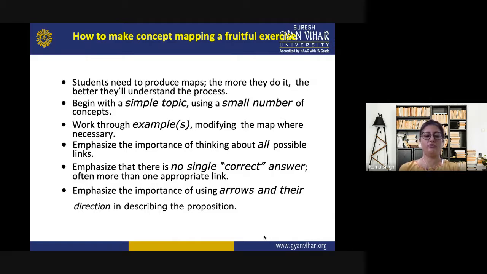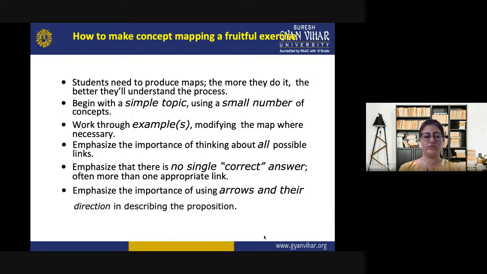You have to give students brainstorming sessions so that they can find out more and more about a certain concept. Emphasize that there is no single correct answer, and often more than one appropriate link, so that they can produce more interlinks between them. Emphasize the importance of using arrows and their direction in describing the proposition.